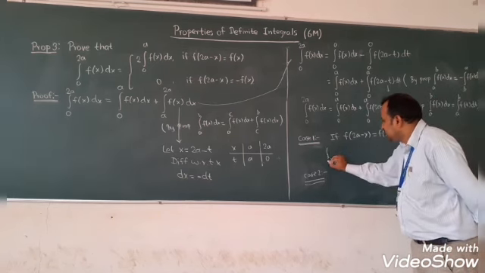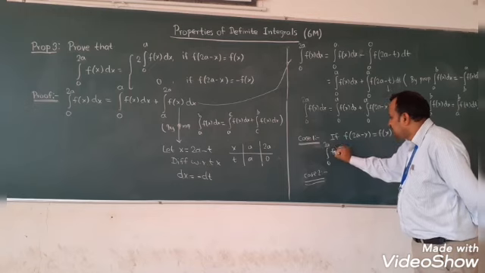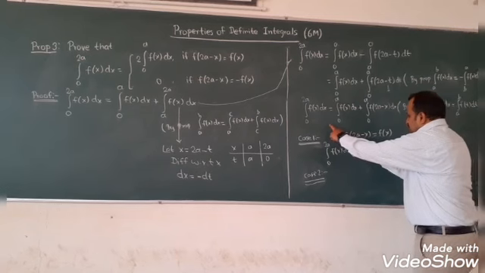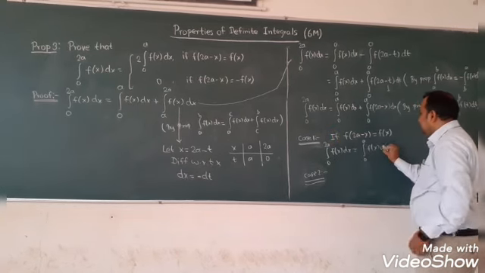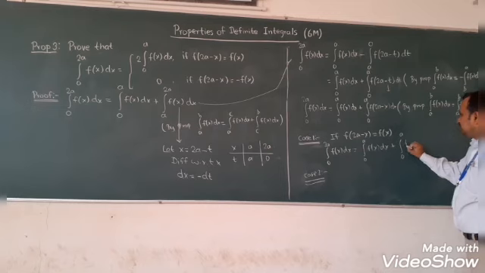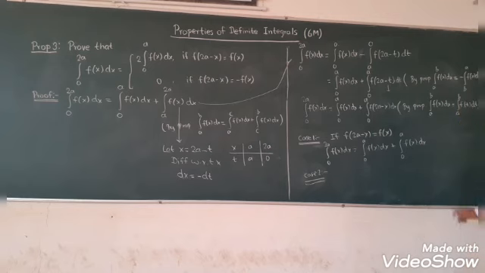So here I can say 0 to 2a f of x dx is equal to, put the value, so this will be 0 to a f of x dx plus 0 to a f of x dx. So we can write this as 2 times 0 to a f of x dx.